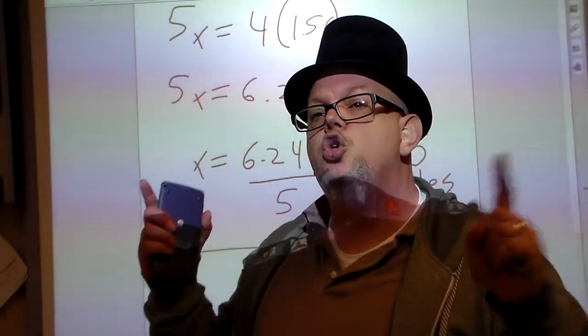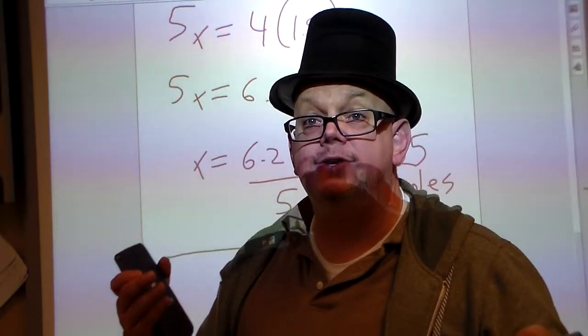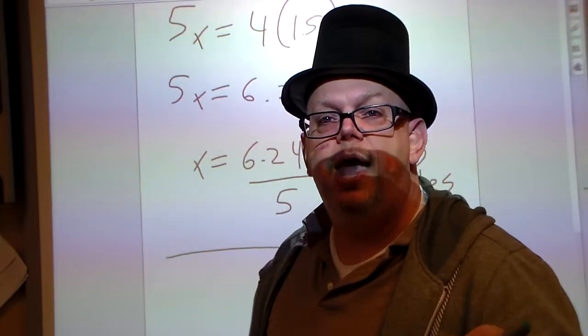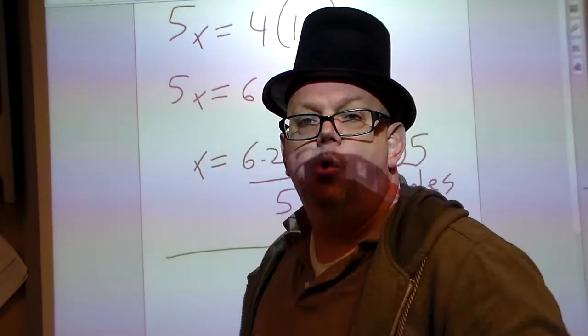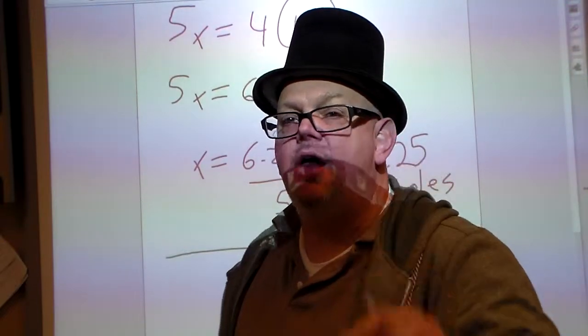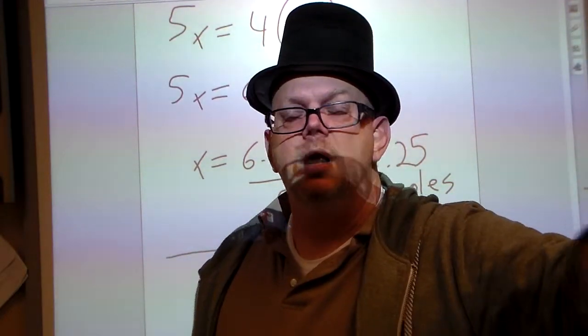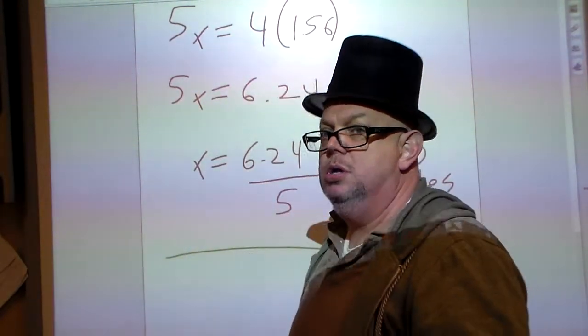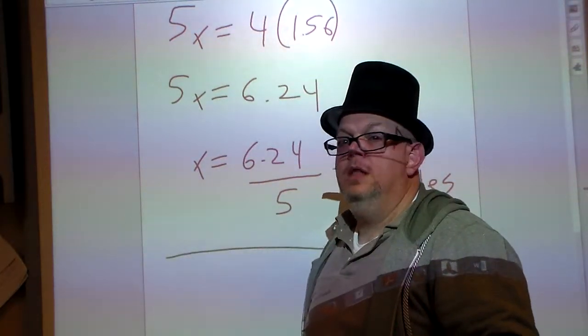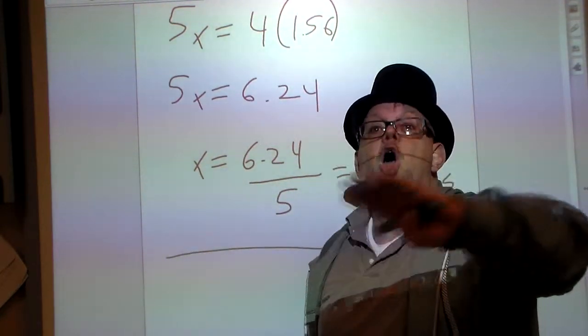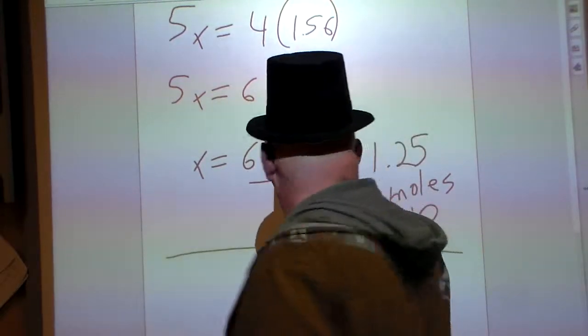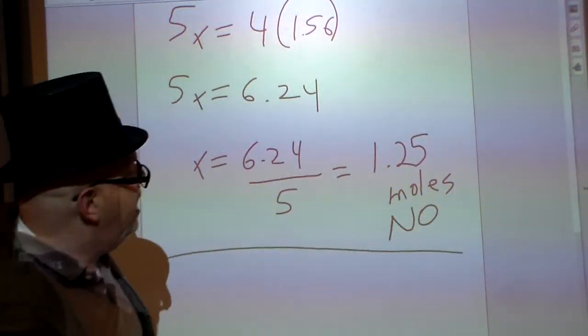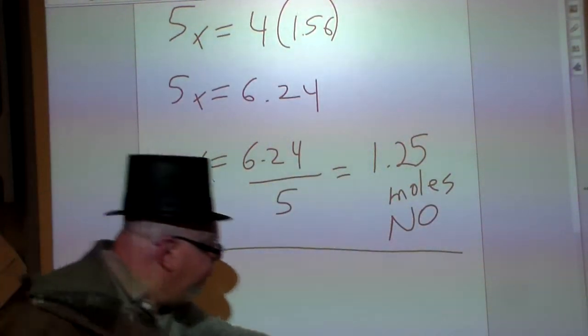Here's why. Because one of those two reactants, or ingredients, if you will, of the reaction is going to run out. And once it runs out, the reaction stops. Nothing else is going to be burned. Not that day. Unless you add more stuff in, but that's a totally different situation. Okay? So now we're going to go with the 1.25 moles.